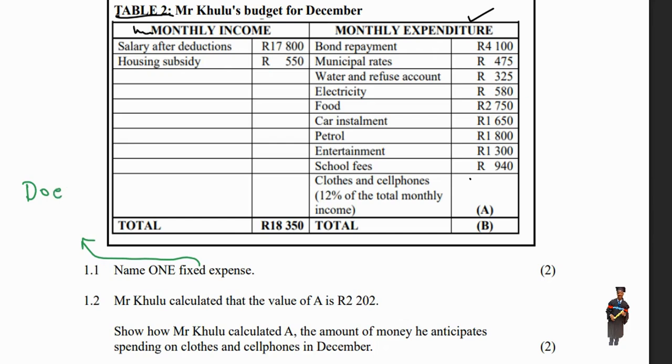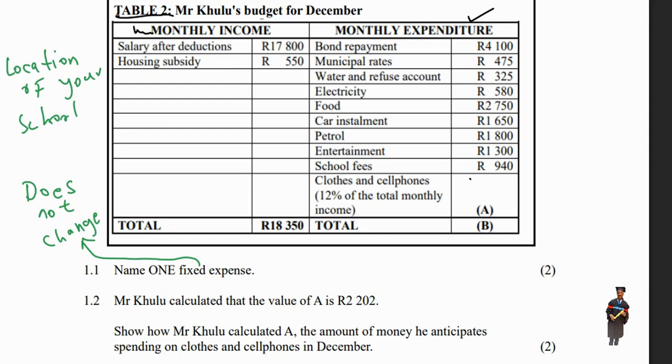It means that it does not change. When we say something is fixed, it means that it does not change, just like the location of your school. Where is your school located? The location of your school is fixed.